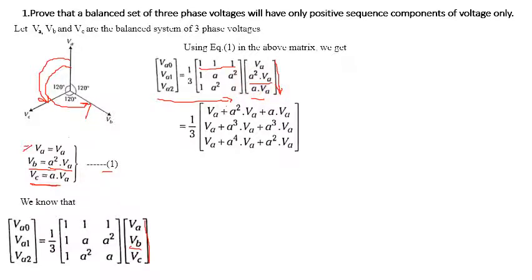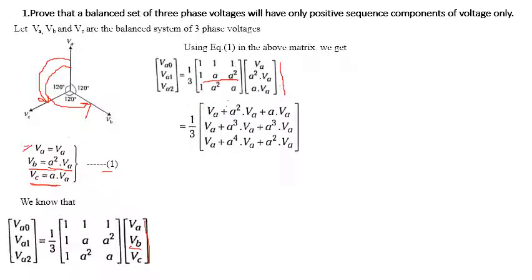Similarly, for the next row, 1 into Va is Va, a into a square Va is a cube Va, since a square into a is a cube, times Va.